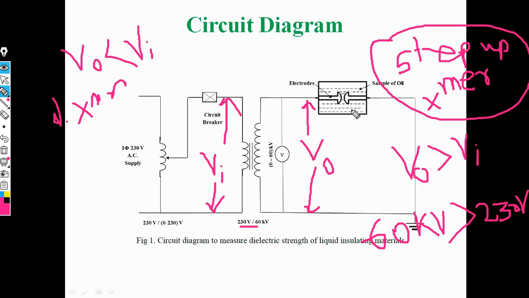This dotted line indicates transformer oil filled in a tank. This is the rectangular tank, and we have filled transformer oil in it.